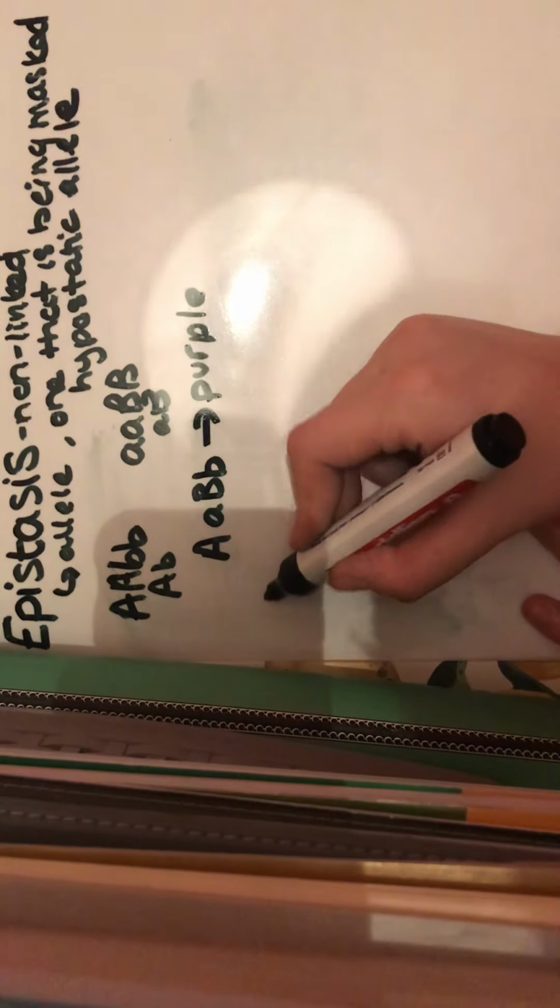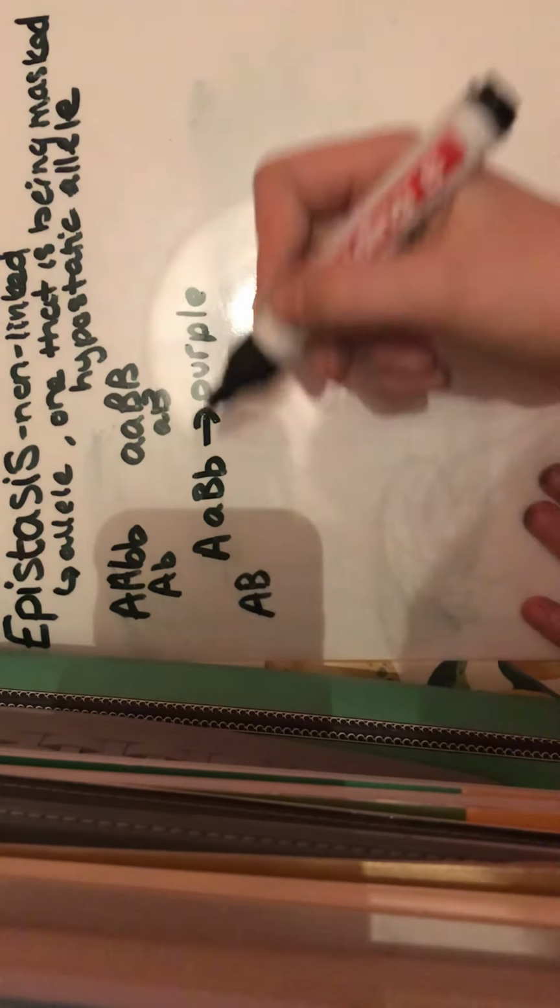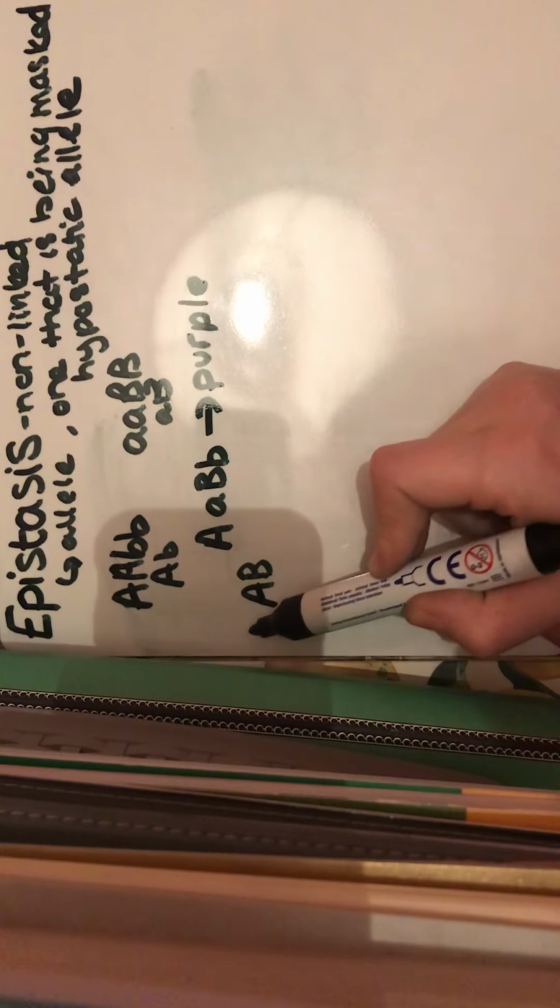Now from this we can form the first generation gametes. So we've got the possibilities. We could have capital A, capital B, capital A, lowercase b, lowercase a, capital B, lowercase a, lowercase b. I'll put these in the diagram now.